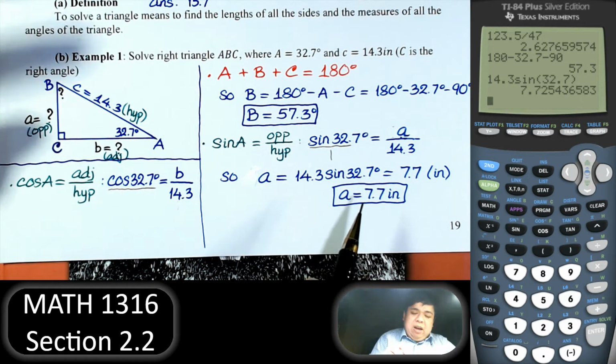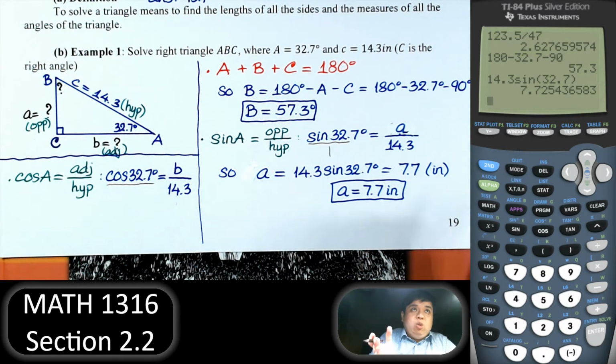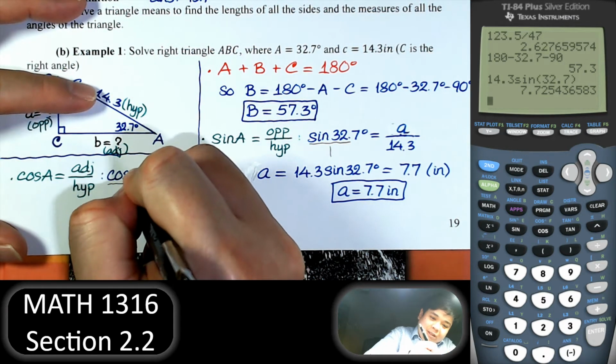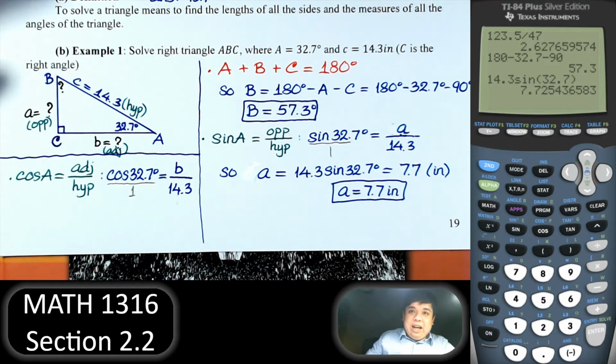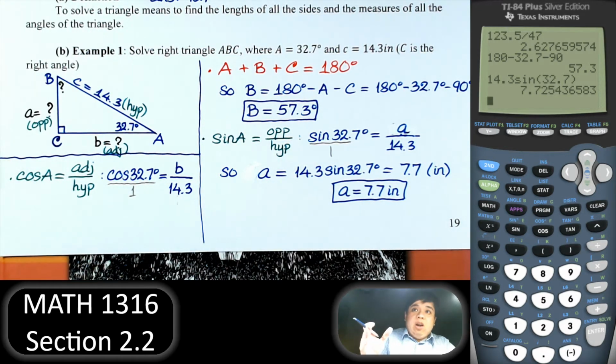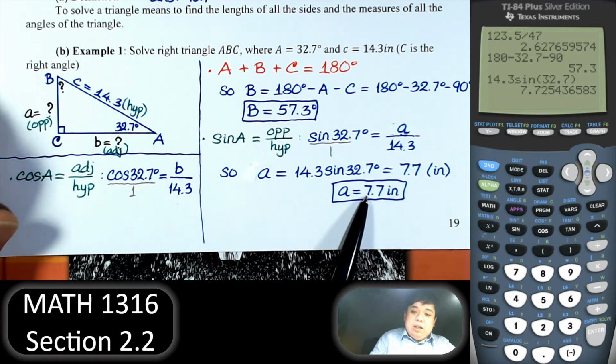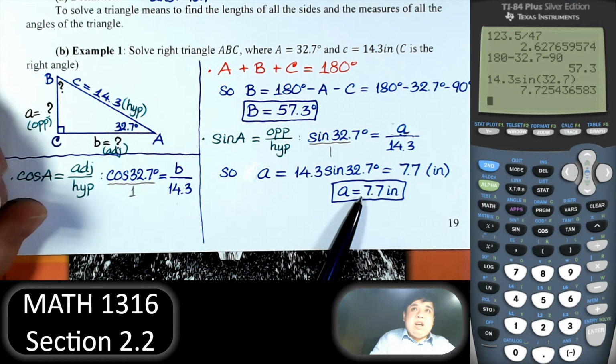But then again, if we know a and we know c, the Pythagorean theorem will work just fine to find b. If you carry a bunch of decimal places and only round at the end, then that's still fine. Once again, if we use the Pythagorean theorem, we have to carry a lot of decimal places and only round at the end. Because if we use this number, I'm not going to use 7.7.